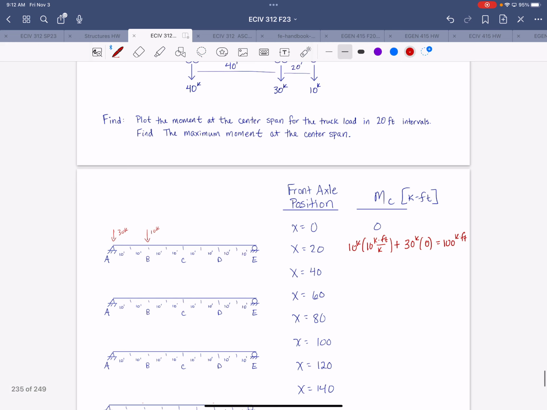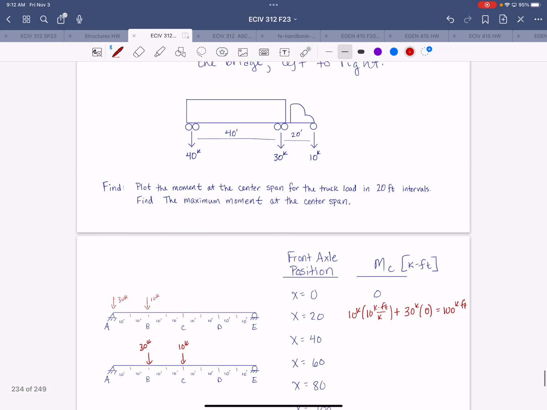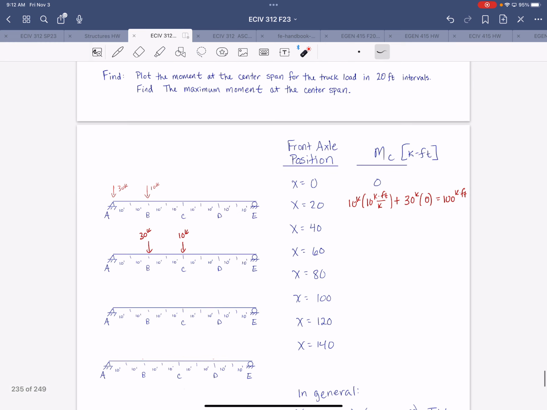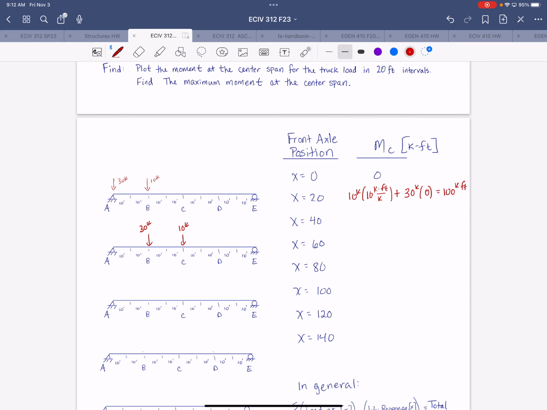The next placement of the truck would put the front axle at C. So you'd have the 10 kip force here and the 30 kip force here. The back wheels are 40 feet behind the 30 kip load, so they're still not even on the beam yet. So at x equals 40, I'm going to drop the units at this point to save space.